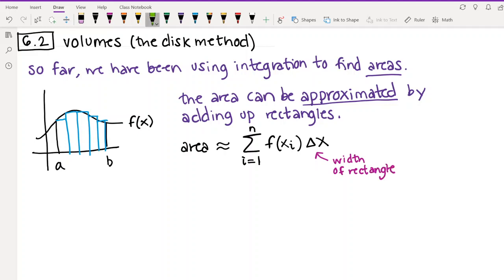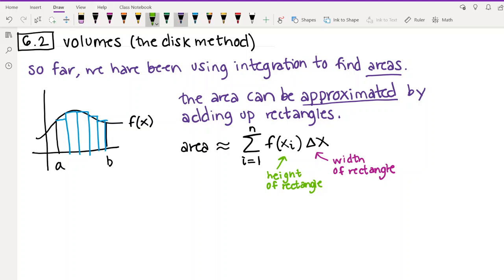And then the f of x_i refers to the height, because you use the function to determine the height. So basically this fancy summation notation is just a shorthand for saying we can get the approximate area if we add up a bunch of rectangles.